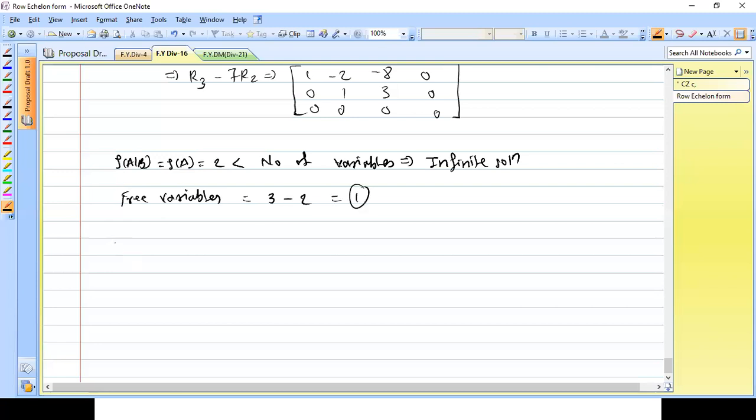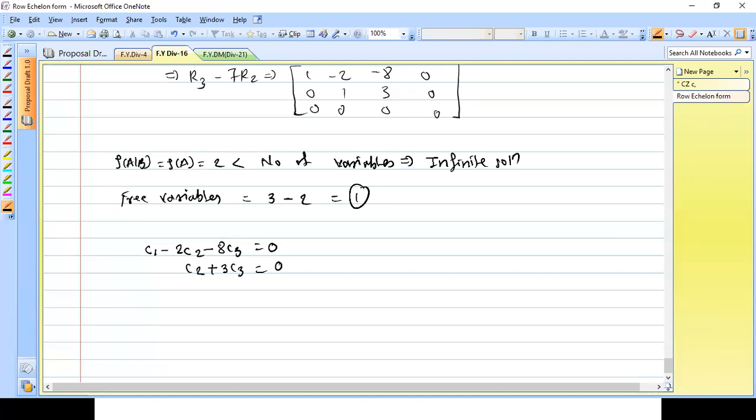Okay, and what are your equations then? Your equation is C1 minus 2C2 minus 8C3 equal to 0, and the second equation C2 plus 3C3 equal to 0. Am I correct?